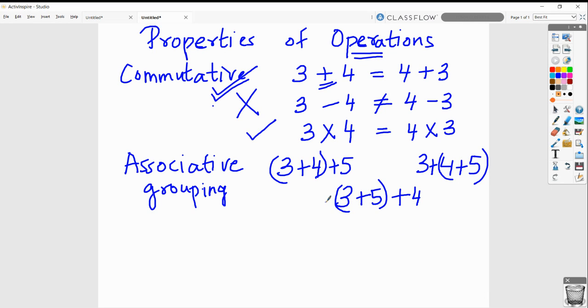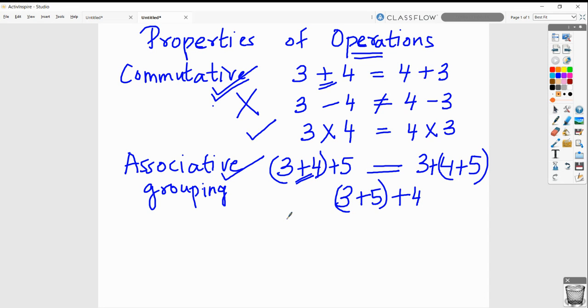Will all these things give the same answer? Yes. That means the addition operation is associative. Understand, the property is associative means whatever way of grouping you do, you will get the same answer. That is the meaning of associative.